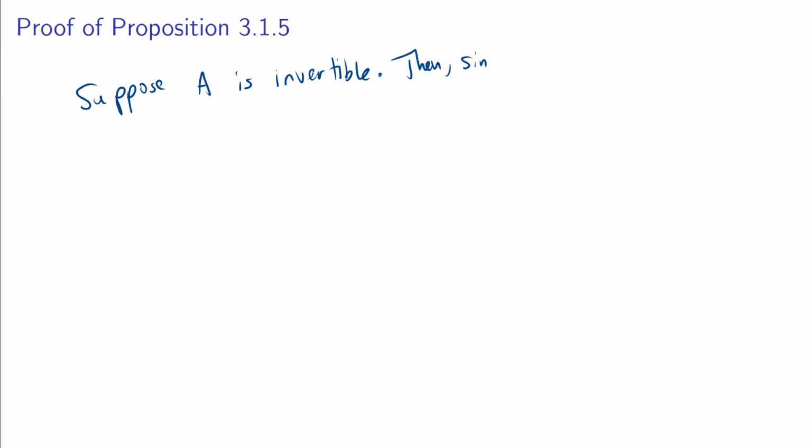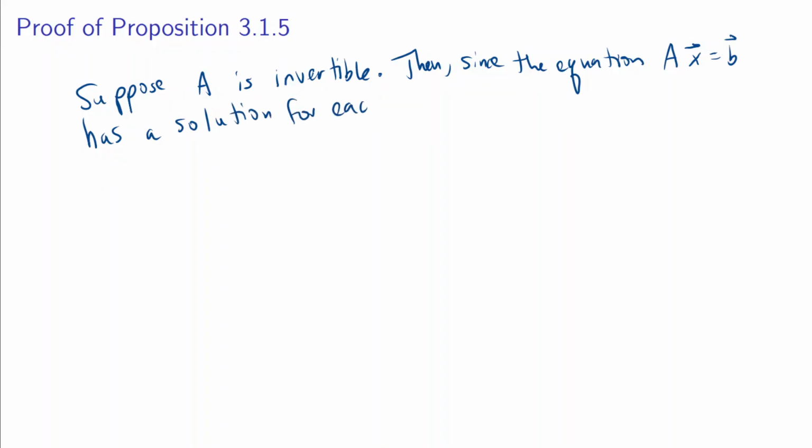Then, since the equation AX equals B has a solution for each B, that was another proposition we saw, we know that A has a pivot position in every row.